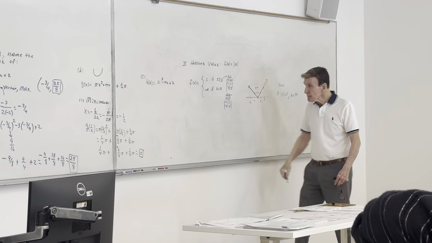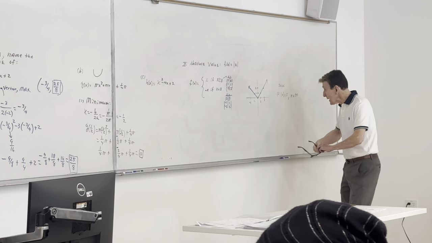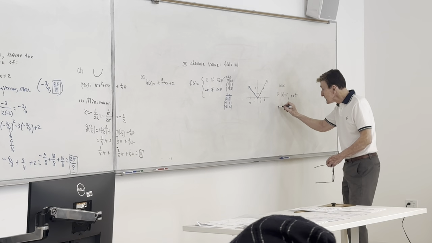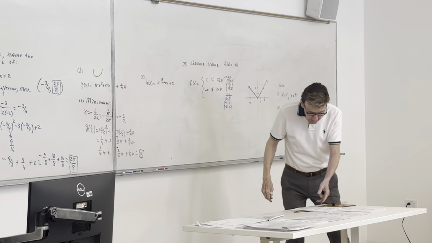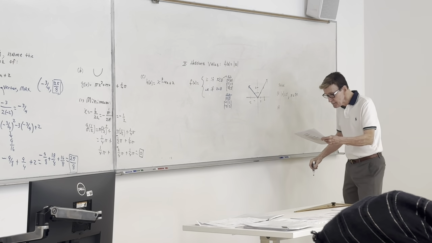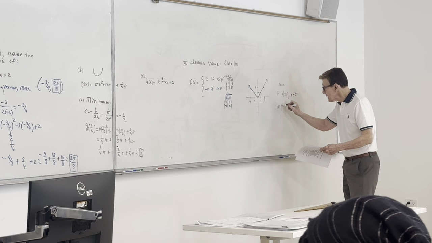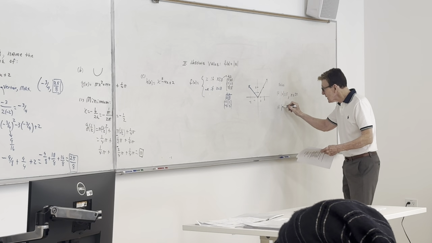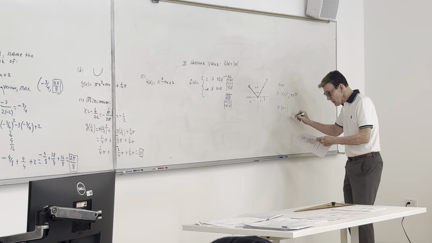Number 2, or letter B, before you get the handout. I'm anxious to show you what's going to happen here. B looks like this. Absolute value, oh boy, yes. Absolute value of 3x minus 1 is equal to 2.